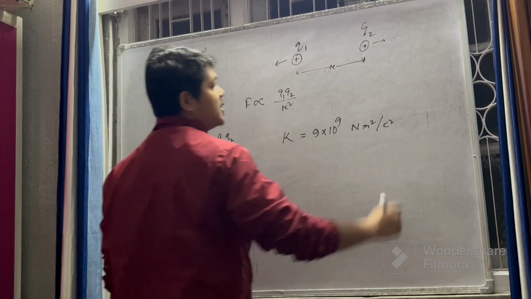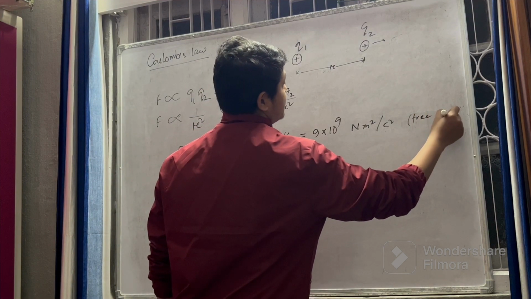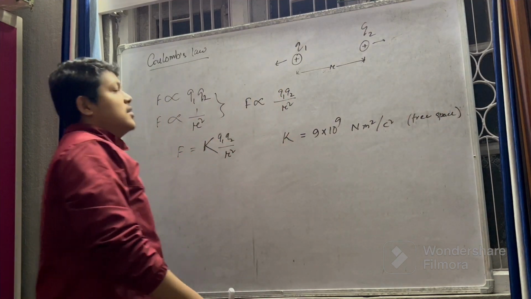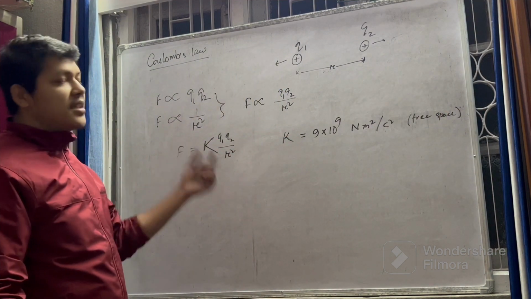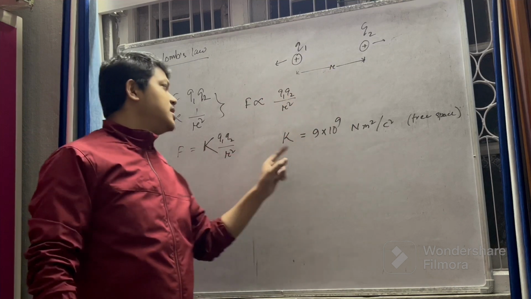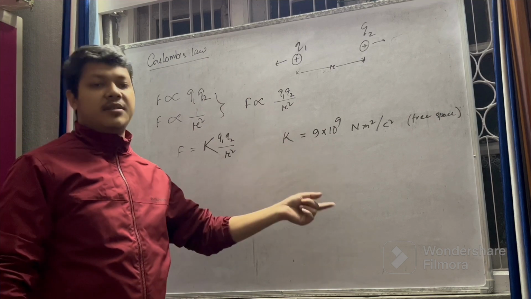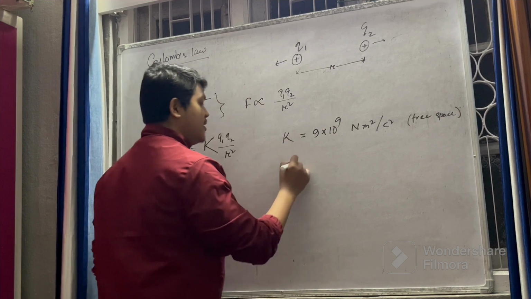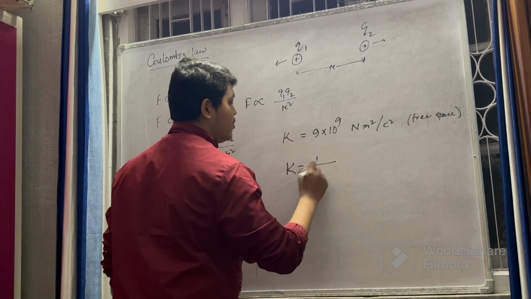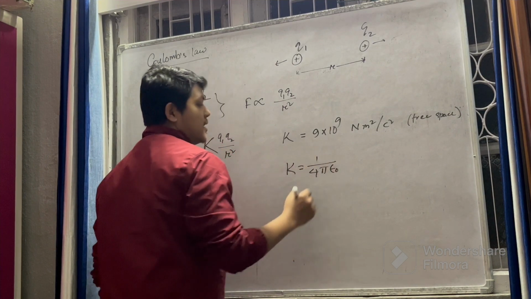This is for free space. Depending upon the medium in which these two are kept, this value will vary. K is nothing but 1 by 4 pi epsilon naught for free space.